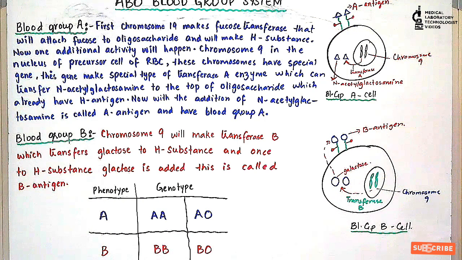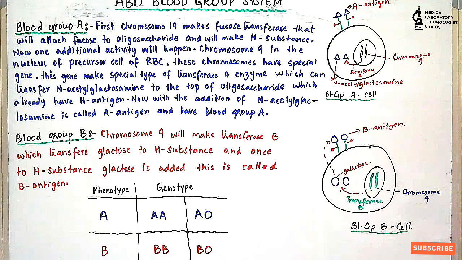But A antigen is dominant in nature. So the people who have A antigen will express that antigen, and the phenotype will be A blood group, but the genotype can be two: either AA homozygous or AO heterozygous. Why heterozygous?